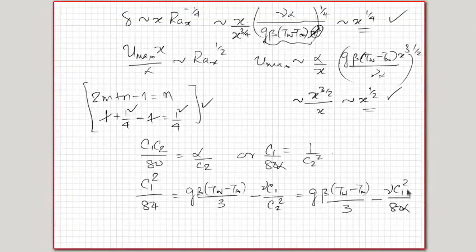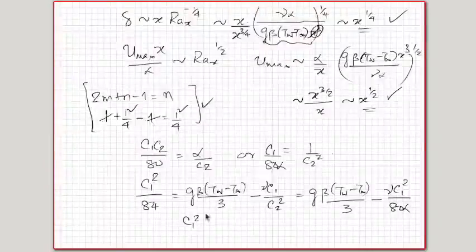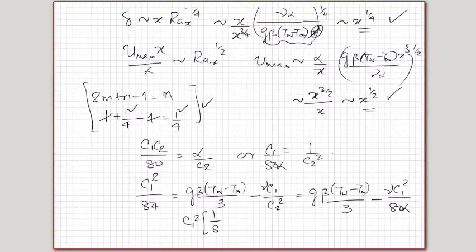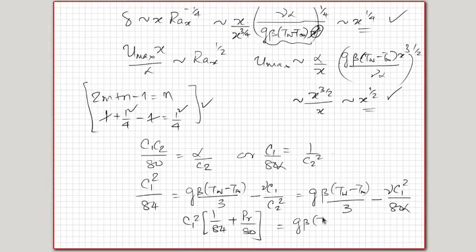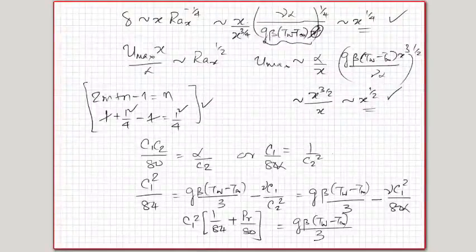So here this mu by alpha will become a Prandtl number, and there is a c1 square which I can get from here. So c1 squared multiplied by 1 by 84 plus Prandtl number by 80. Okay, so you take this side. This would be equal to g beta into t1 minus t infinity divided by 3.